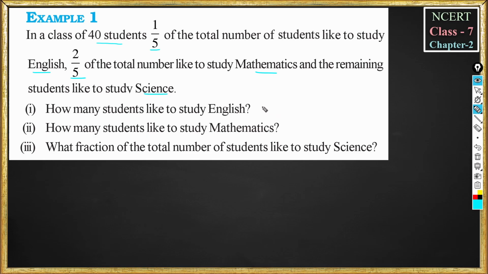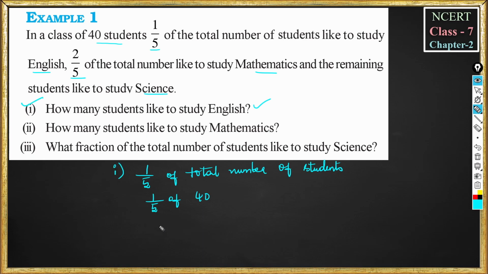So now first we'll find how many students like to study English. The number of students who like to study English is 1/5 of the total number of students. So 1/5 of the total number of students is what? 40. We are solving problem number 1.